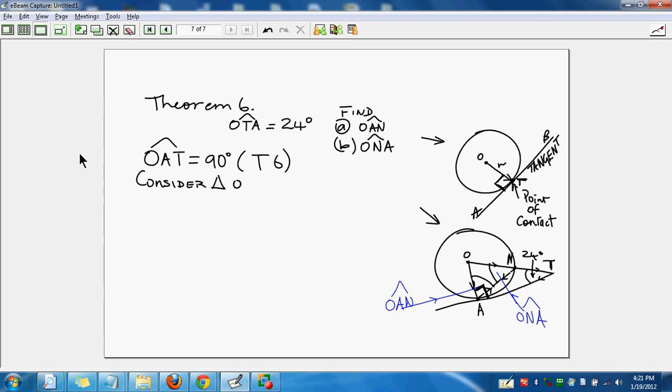If we look at that triangle OAT, then what you will observe is that if we add up all of the angles inside of the triangle, let's call that angle AOT for ease of reference.